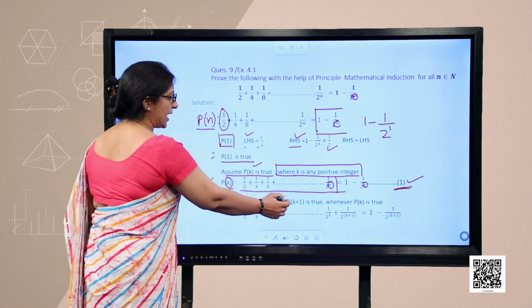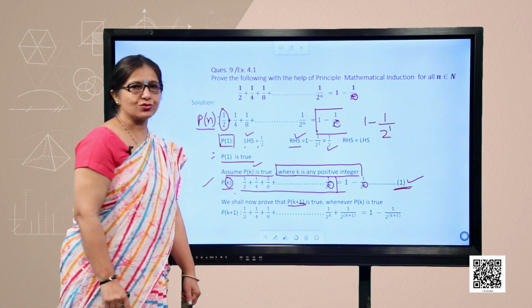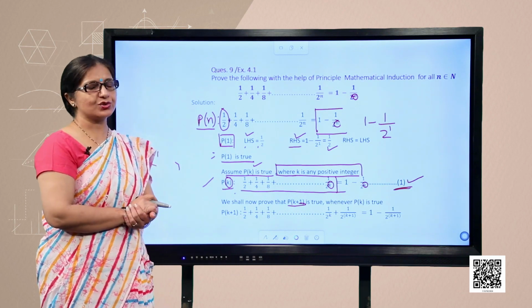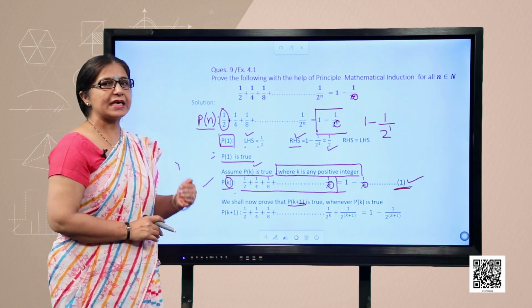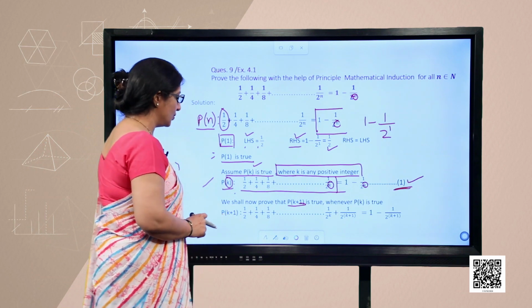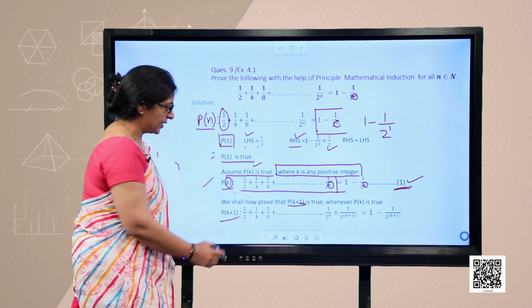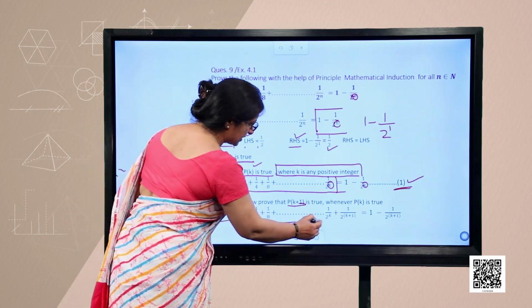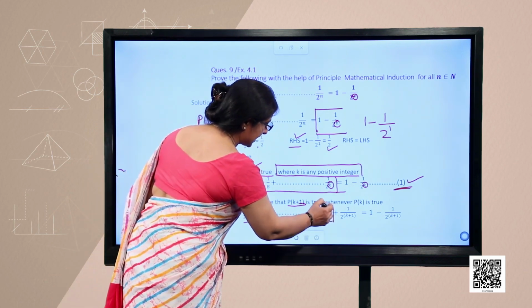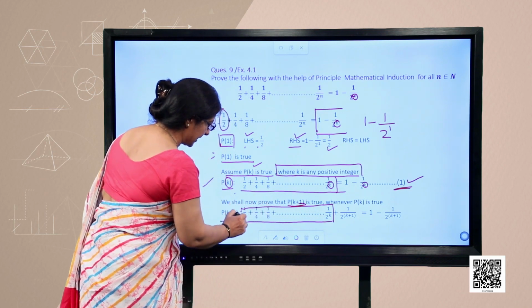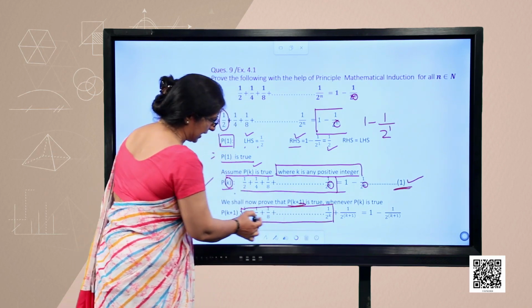Now, we shall prove that Pk plus 1 is true. Once we assume that Pk is true, the next step is to prove Pk plus 1 is also true. Here, k is replaced by k plus 1. This is the expression involving only k terms.